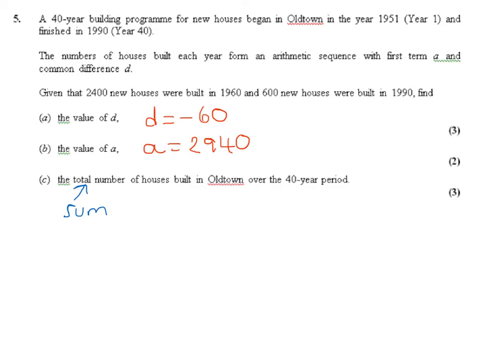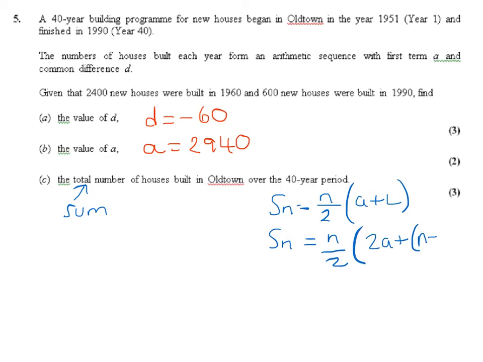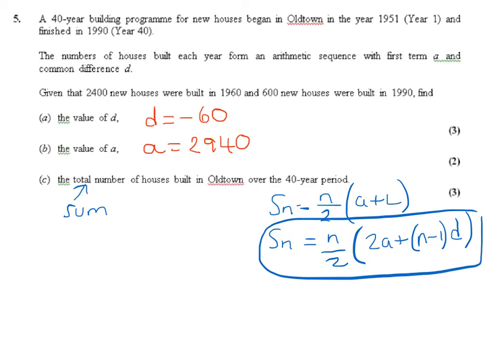We can either do the one where it's n over 2 times A plus L, or we can do S of n equals n over 2 times 2A plus n minus 1 times D. Since we have A and D, we're going to use this one. We haven't got the last term.